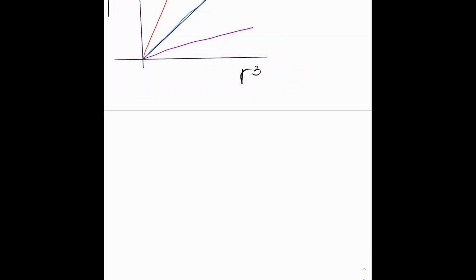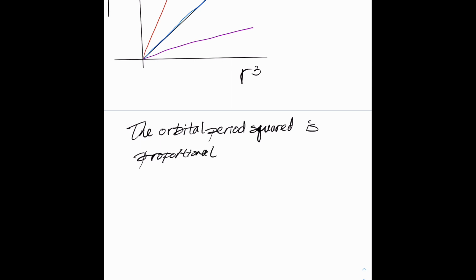Kepler's third law states that the orbital period squared is proportional to the radius cubed.